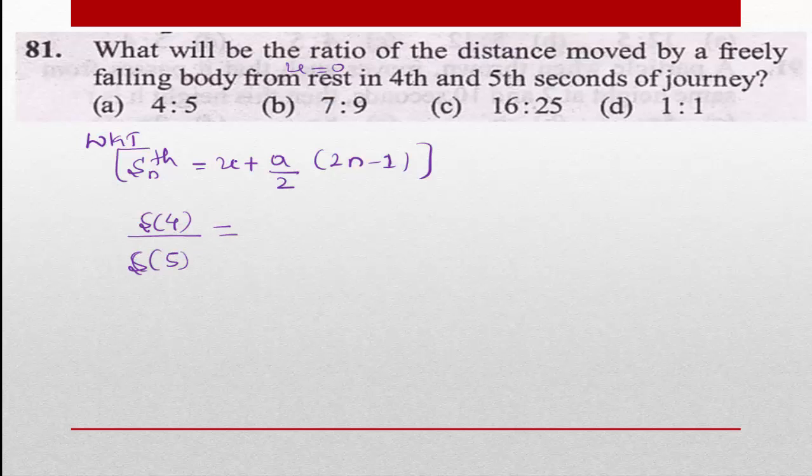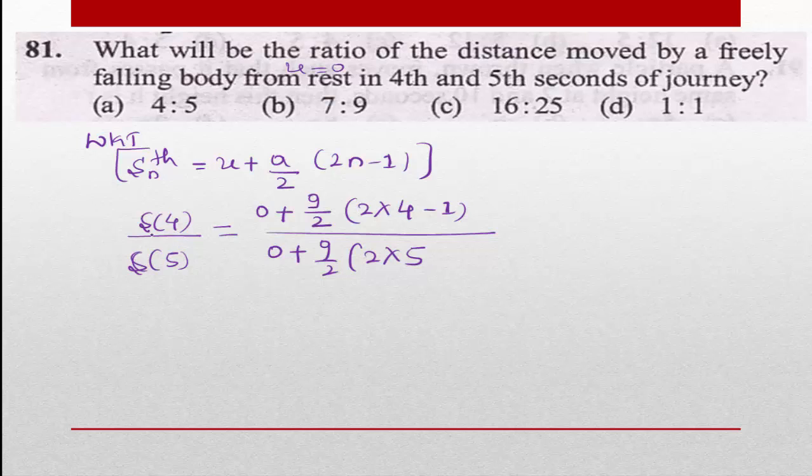The initial velocity is 0, and a equal to g, since a freely falling body moves downwards. So it is g divided by 2 into 2 times 4 minus 1, divided by g divided by 2 into 2 times 5 minus 1.